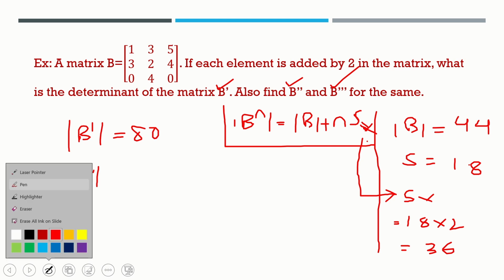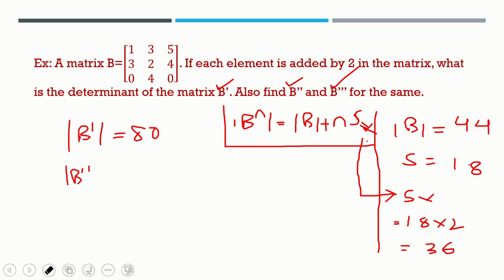First of all, find B double dash. It will be B plus 2 into S, and the x value is 36.